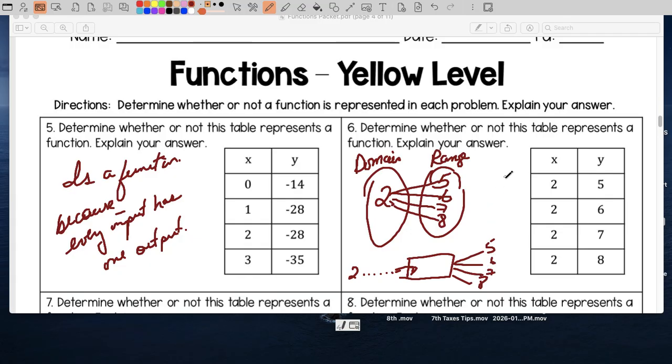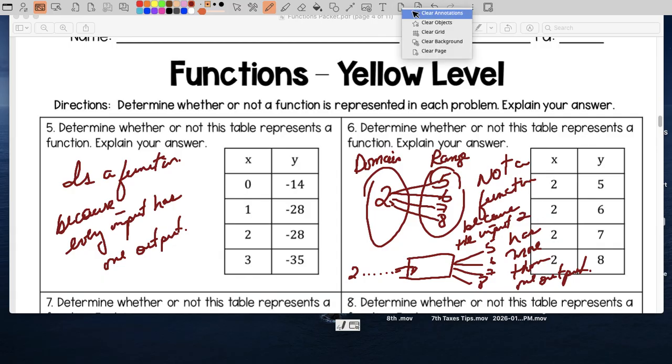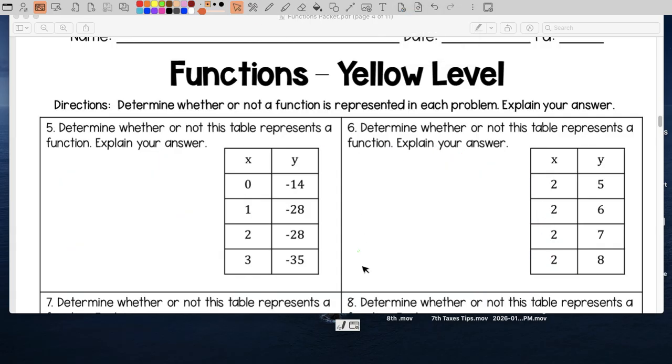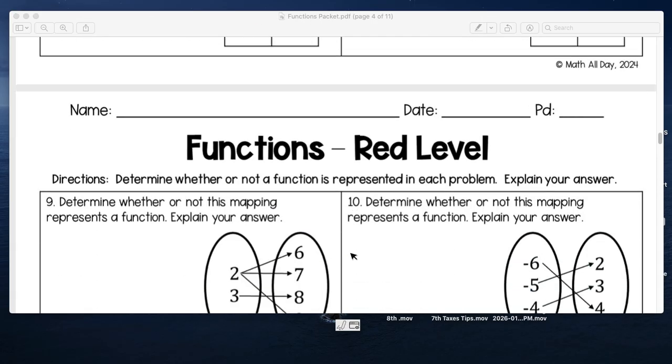So therefore, not allowed and not a function, because the input 2 has more than one output. Okay.